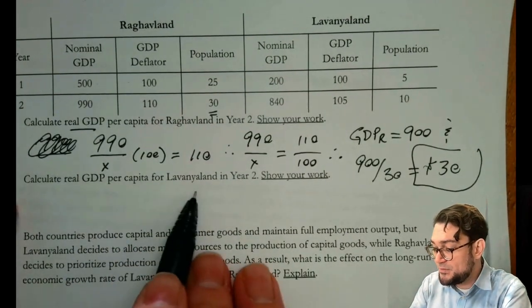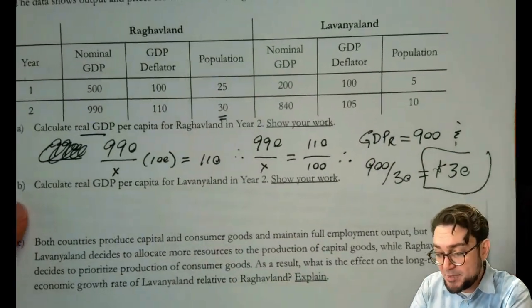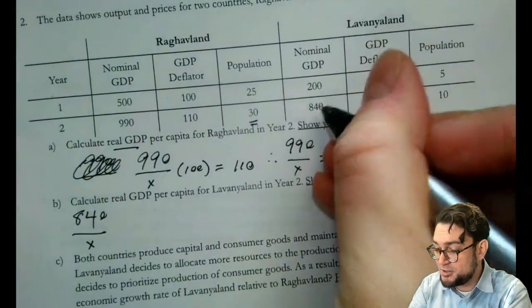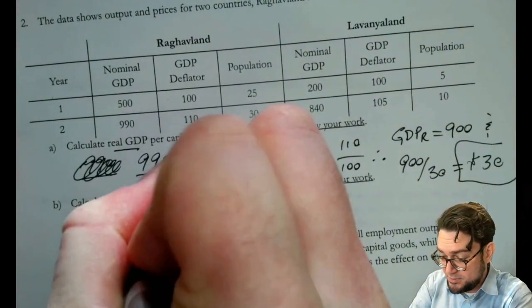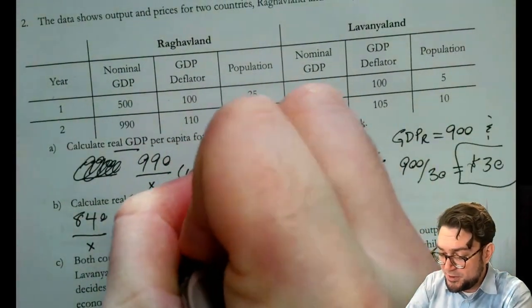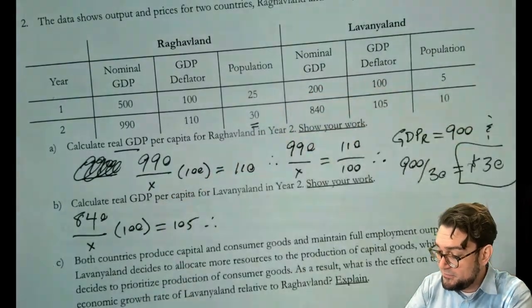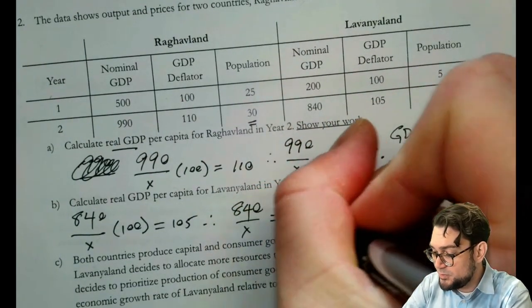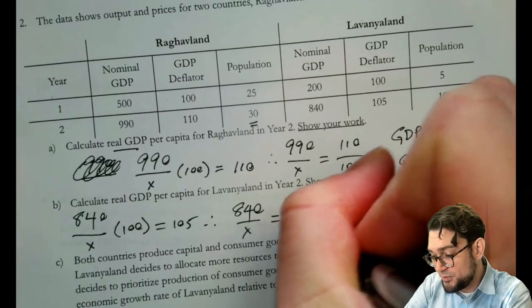Calculate real GDP per capita for Lavagnaland in year 2, show your work. It's the same process: 840 over X, because it's our nominal over our real times 100, and that's going to equal our deflator of 105. Therefore, 840 over X is equal to 105 over 100.